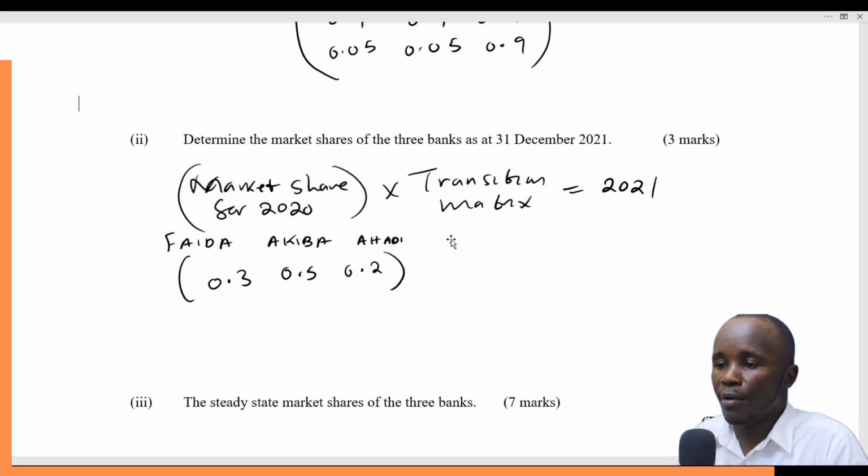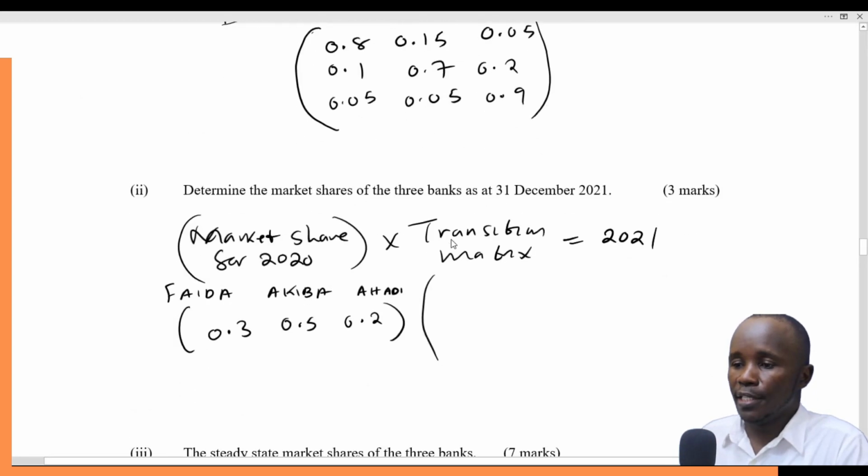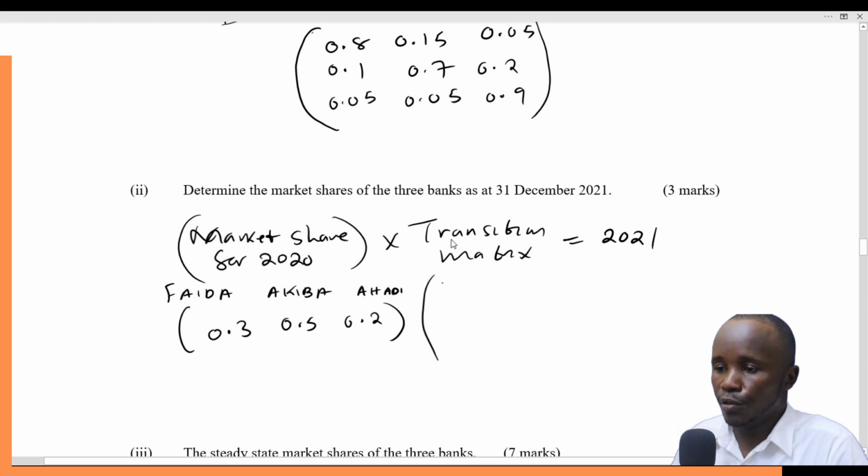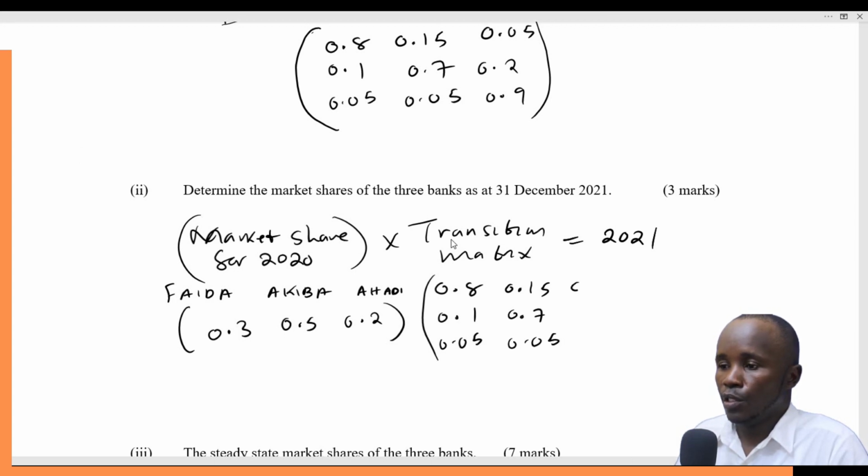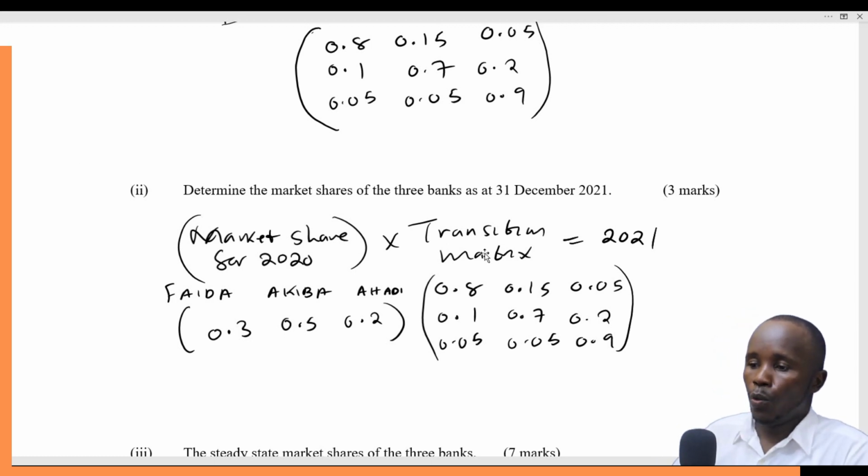We multiply it with our transition matrix. Our transition matrix is here. We shall have 0.8, 0.1, 0.05, 0.15, 0.7, 0.05, 0.05, 0.2, 0.9.